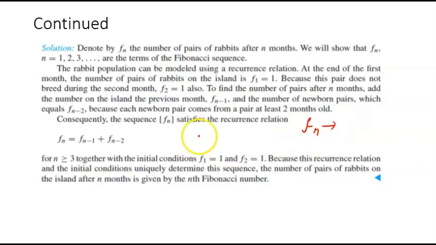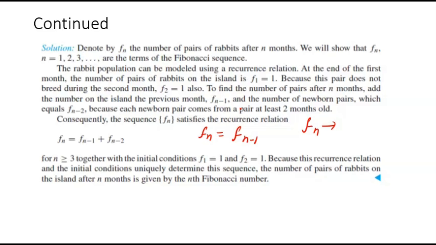So how will Fn look? Fn will be equal to Fn minus 1, the number of pairs of rabbits which are there at the end of n minus 1 month, right? Now we are already aware that no pair of rabbits is dying during this process.